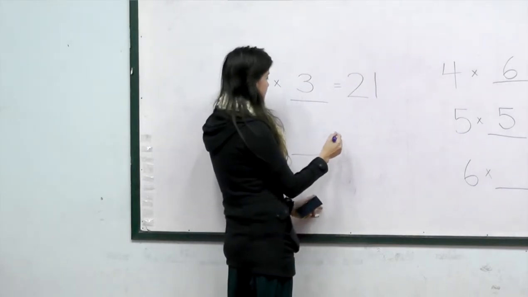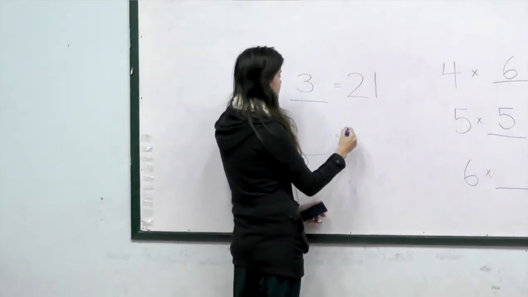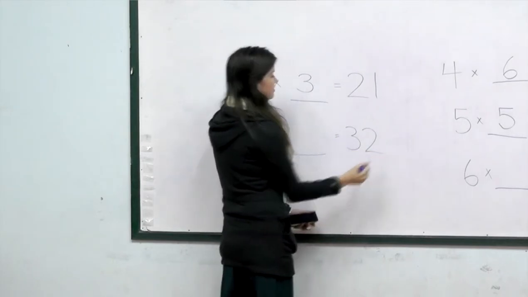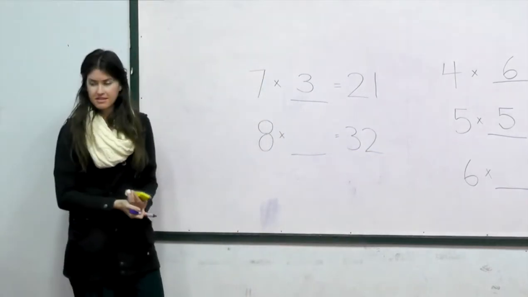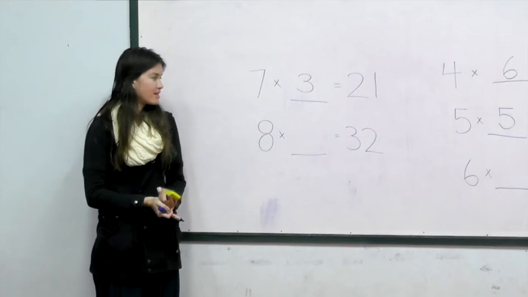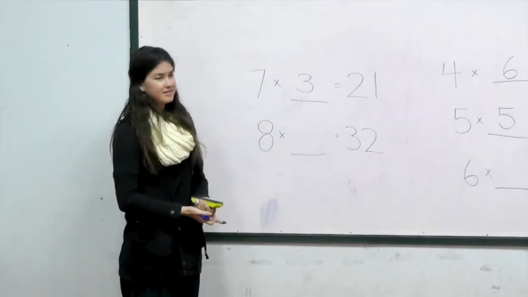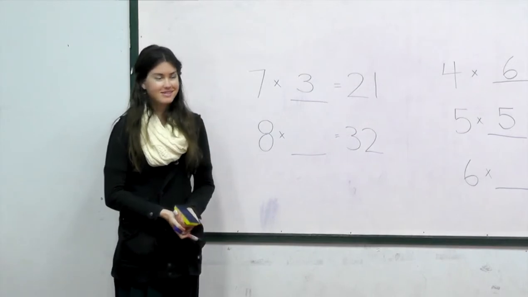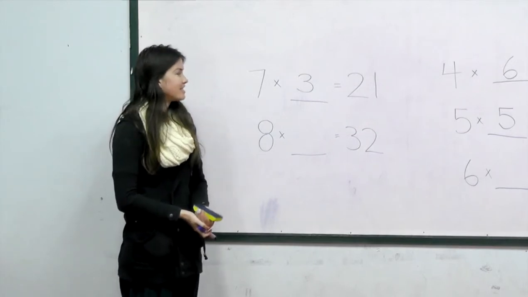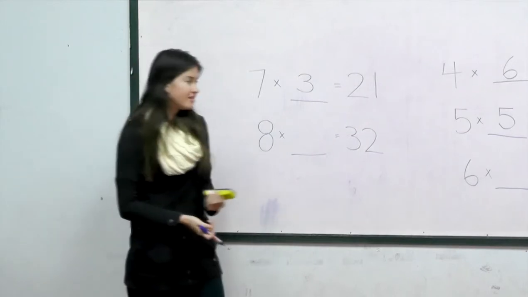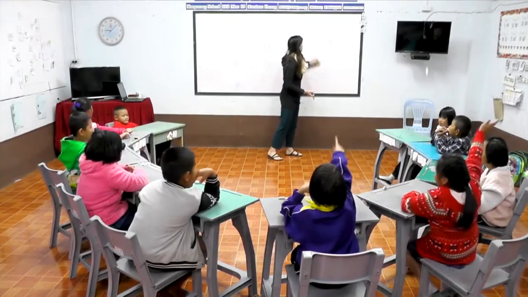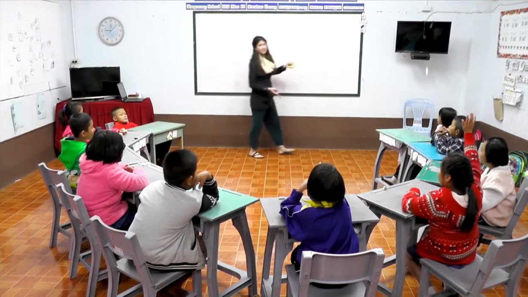8 times what gives us 32? It's a little trickier. Got some ideas? I know, we forgot to do that one.